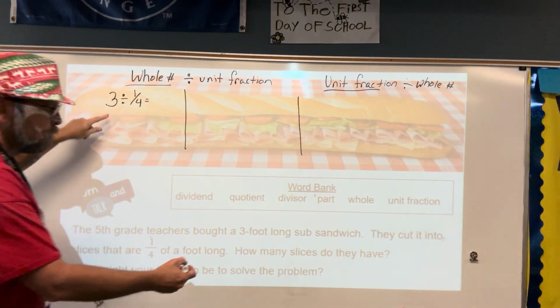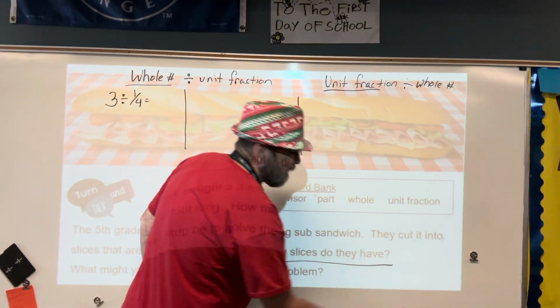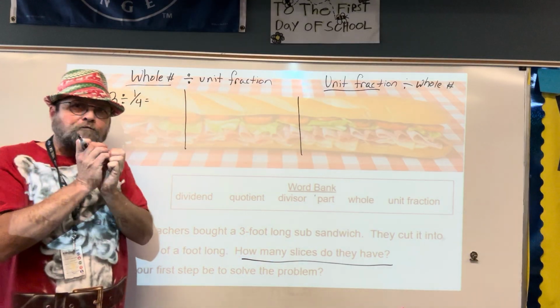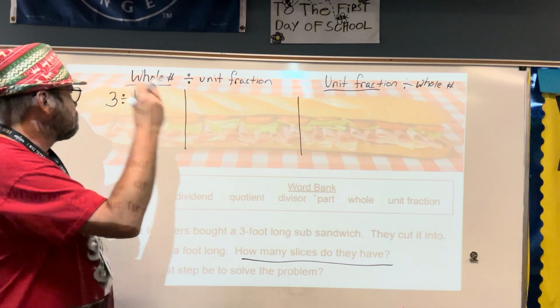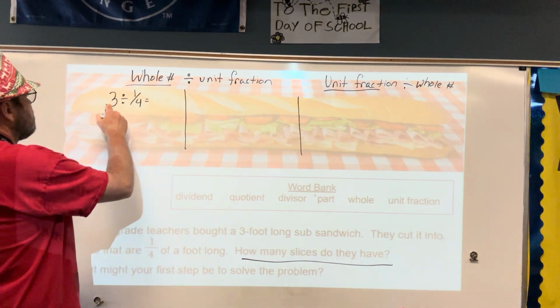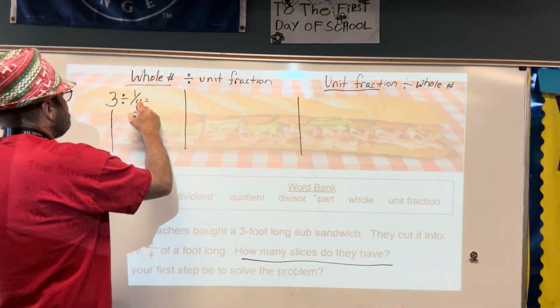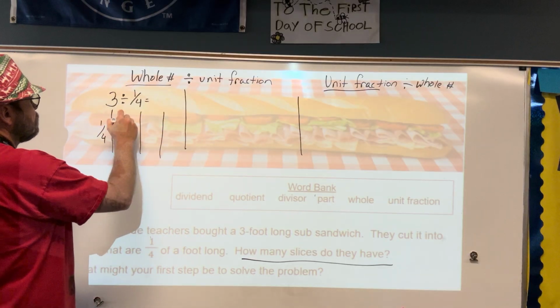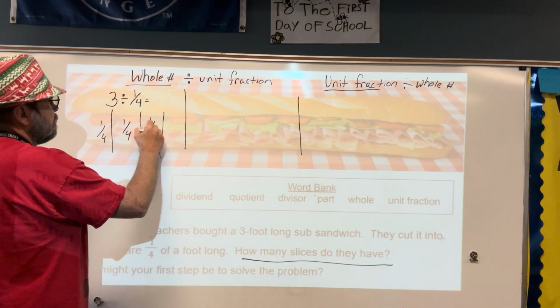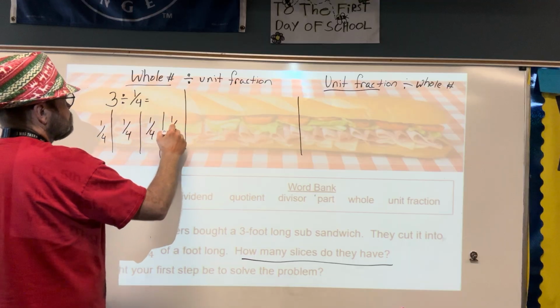And since we're trying to figure out how many slices they have, we're not going to have a fraction of a slice. How many slices means the total number of pieces of sandwich. And we can divide each foot into 4 equal parts. This is 1/4, this is 1/4, this is 1/4, and this is 1/4.